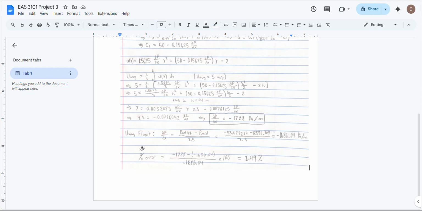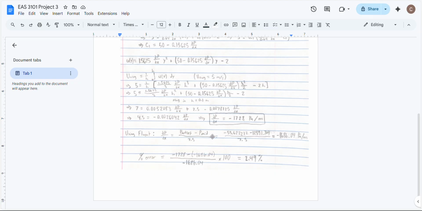Now, if we wanted to compare this to what value we get directly from Fluent, we know that our pressure gradient would be the pressure at the outlet minus pressure at the midpoint divided by length. Because we're doing outlet to midpoint and not outlet to inlet, we'll use 7.5, which is half of the 15 meters that we set our length to.